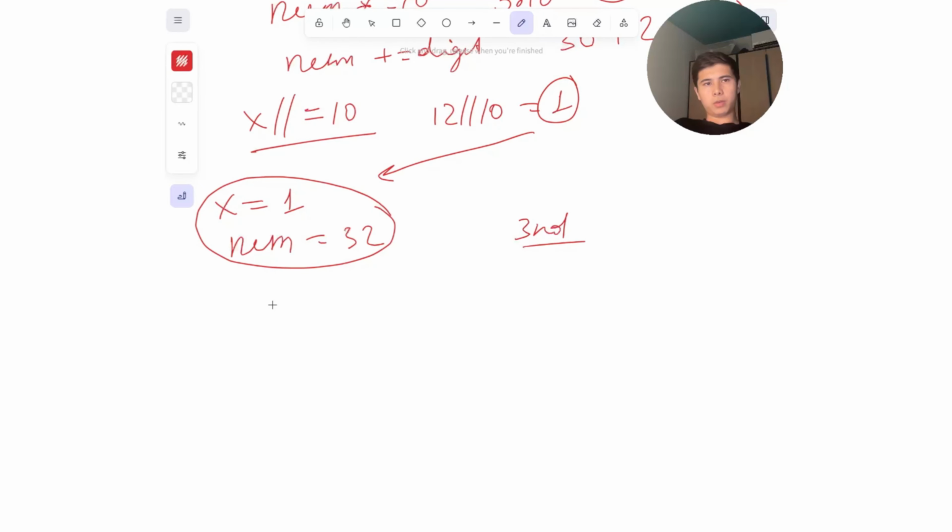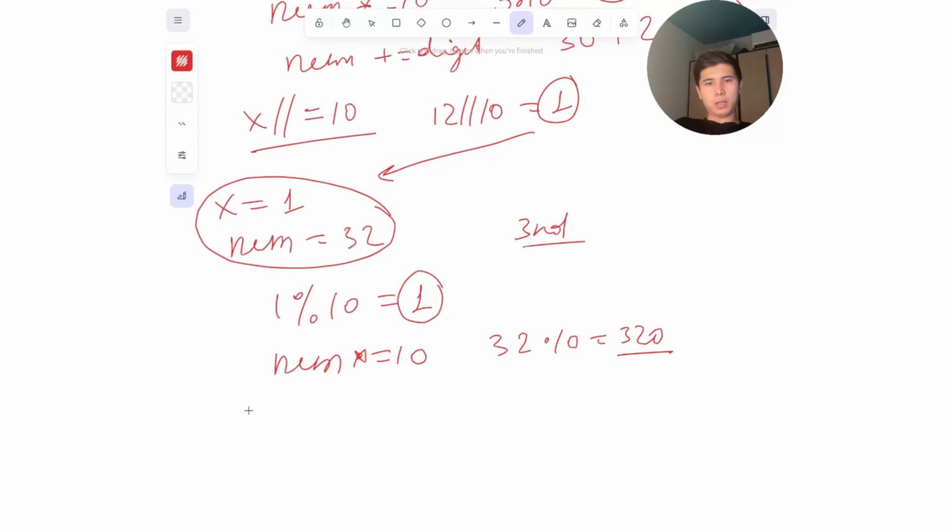In the third iteration, x equals 1 and number equals 32. Again we have to take 1 mod 10, which equals 1, therefore digit also becomes 1. Then number multiplied by 10: 32 multiplied by 10 becomes 320, and number plus digit, our digit was 1, so 320 plus 1 becomes 321.